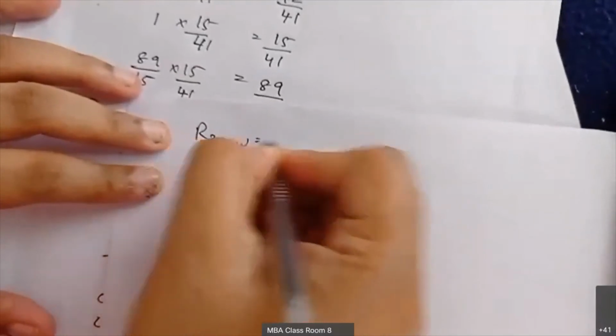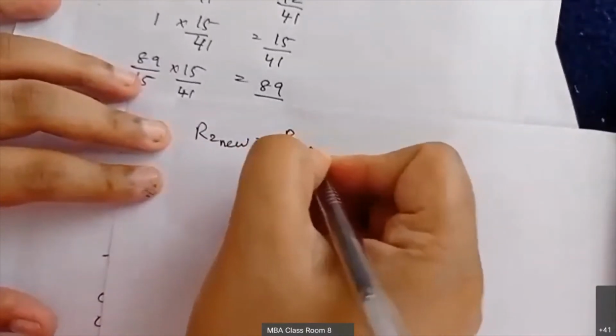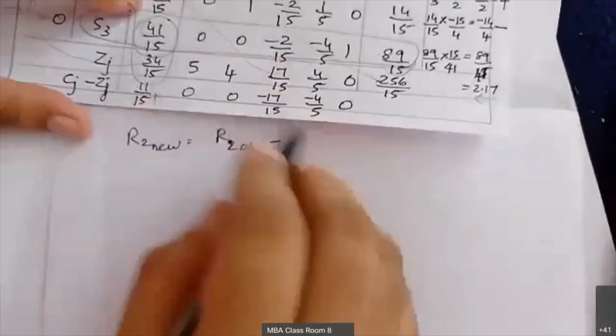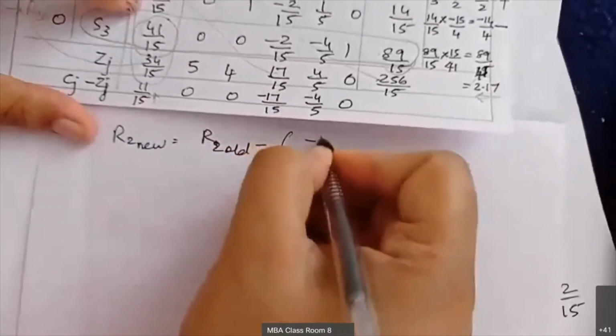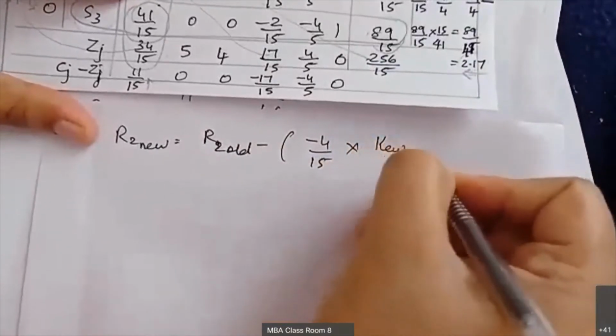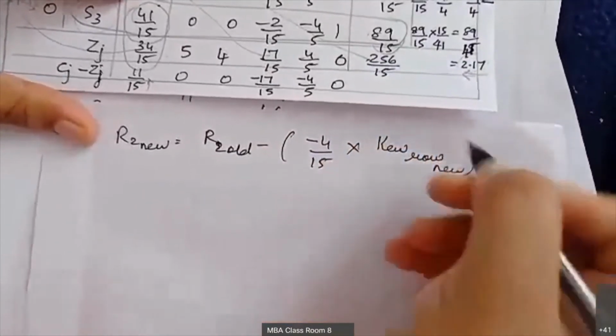Tell me the operation. R2 new is equal to R2 old minus number above. Second row is what we are considering. Number above or below the key column is key row. Sorry, key number is, what is the number? Minus 4 by 15 into key row new. Tell me the values.